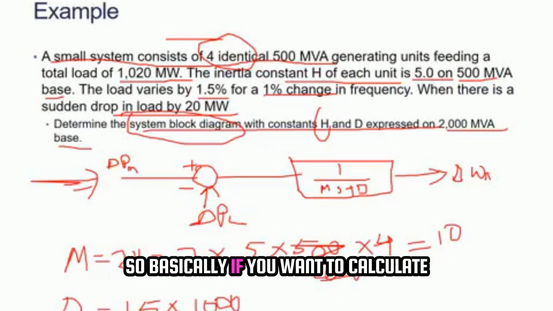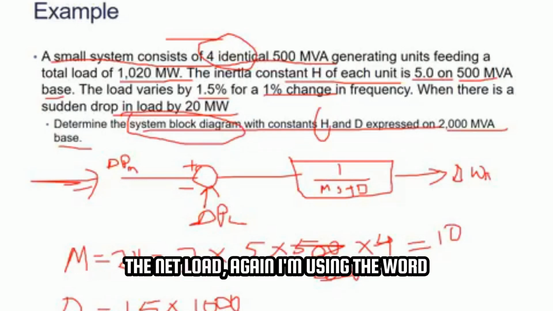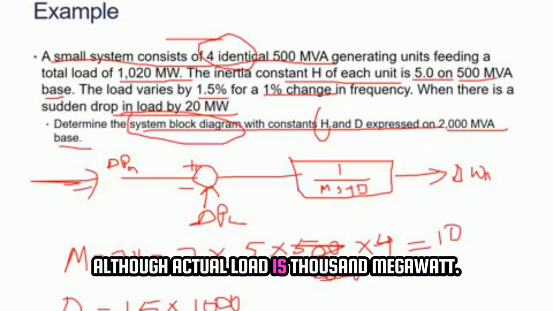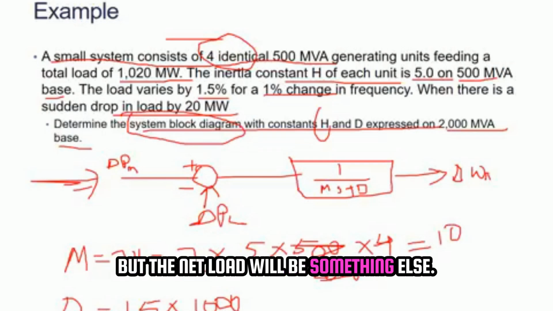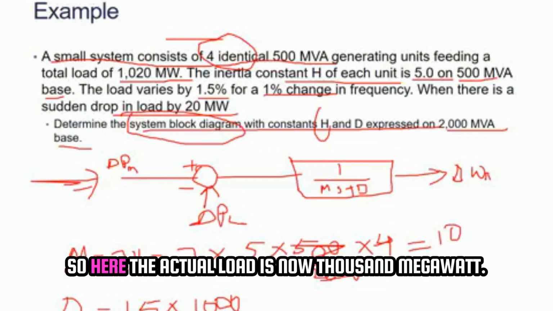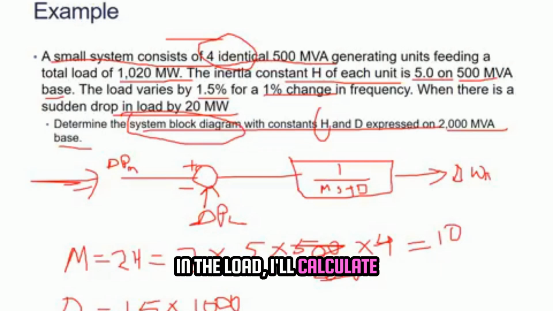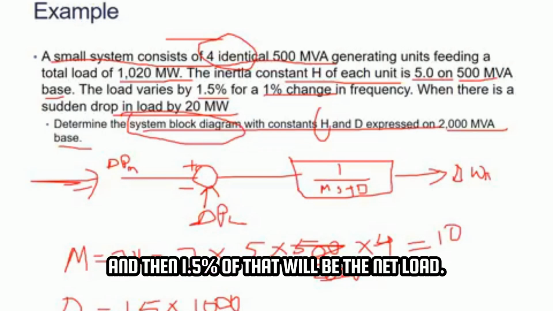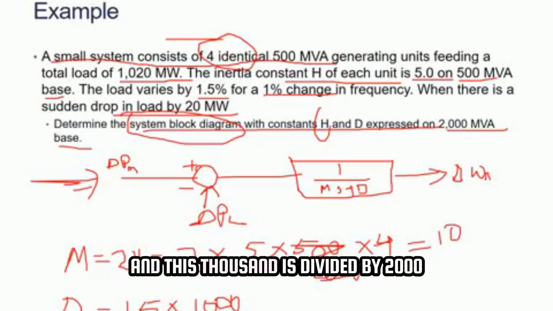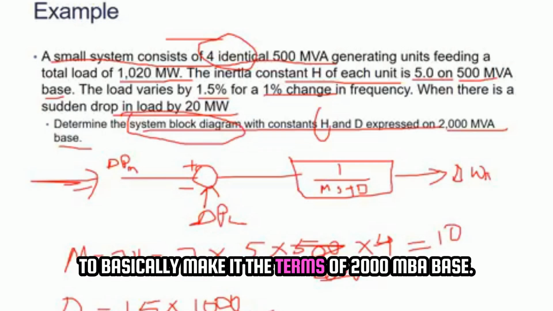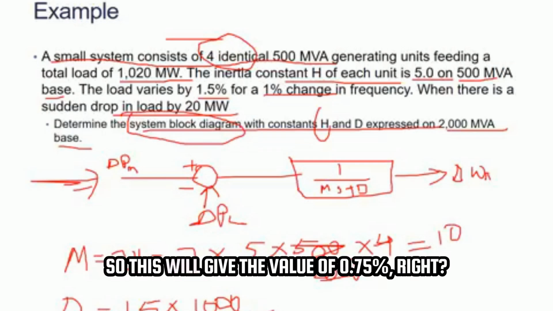Again I'm using the word net load, not the actual load. Although the actual load is 1000 megawatt, the net load will be something else, it depends on the frequency. So I'll calculate the variation based on the actual load, and 1.5% of that will be the net load. And this 1000 is divided by 2000 to put it in terms of 2000 MVA base. So this will give the value of 0.75.